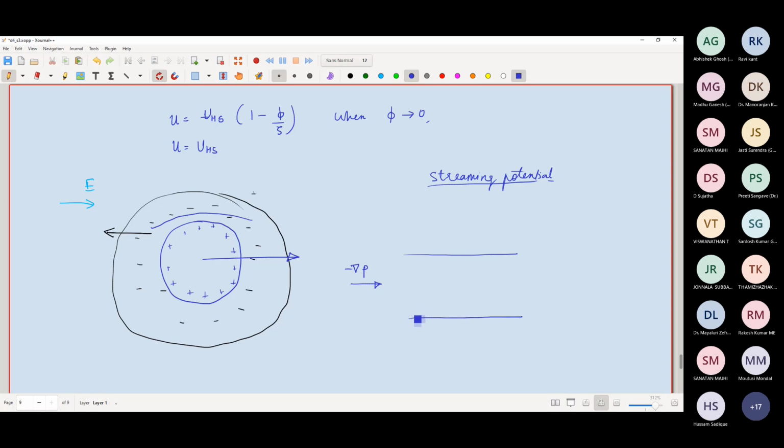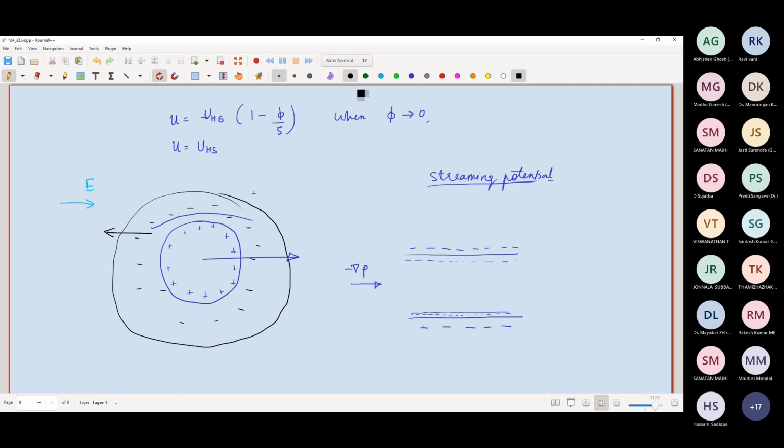Now, we have all seen that regardless of whether the flow is driven by a pressure gradient or an electric field, there is some net charge at the wall. There is a distribution of net charge at the wall, and let's say that the walls are negatively charged.